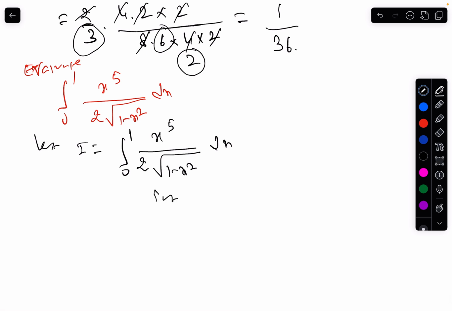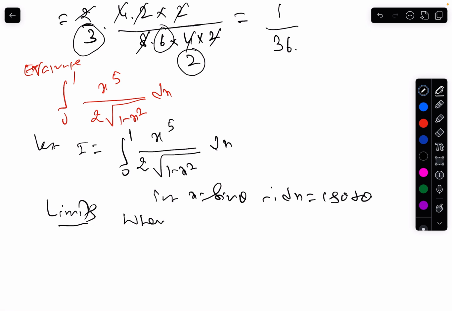So you can take x equal to sine theta. Therefore, dx is equal to cosine theta d theta. Limits: when x is 0, theta is 0. When x is equal to 1, theta is pi by 2.